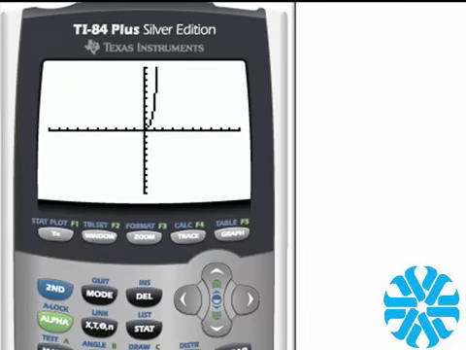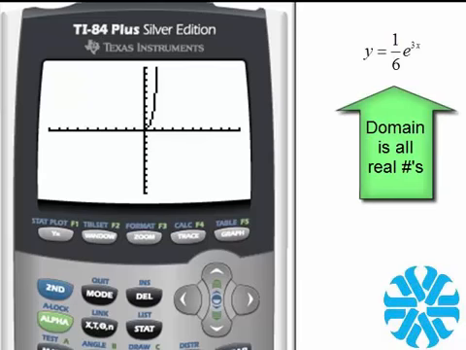Before we move on, there is something very important that I would like to mention about this graph, and that is it's very deceiving. The domain for y equals 1/6 e to the 3x is all real numbers. So the graph exists to the left of the y-axis as well, even though it doesn't show it.